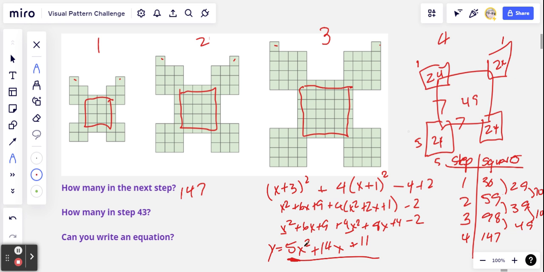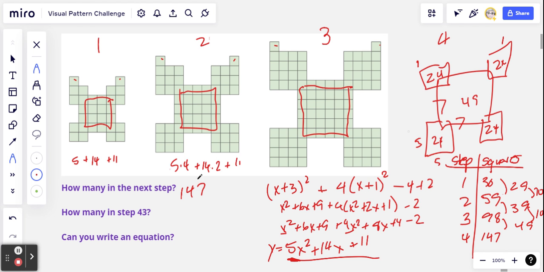Let's actually plug this in for a couple of these. I won't do it for every one. But if we put in 1 for x here, that would be 5 times 1 squared plus 14 times 1 plus 11. And that is 30. Yeah, that's 30. Great. So that's what we got there. Let's just try it for 2 as well. So 5 times 4 plus 14 times 2 plus 11.